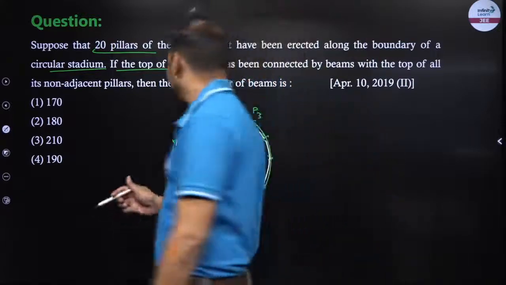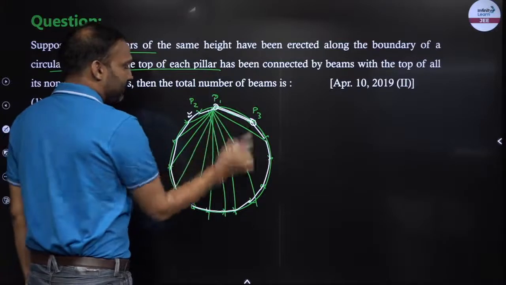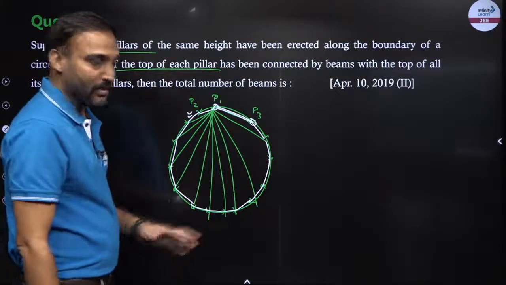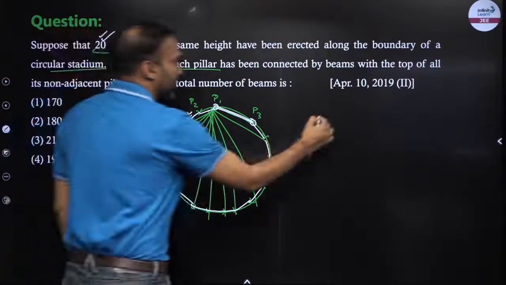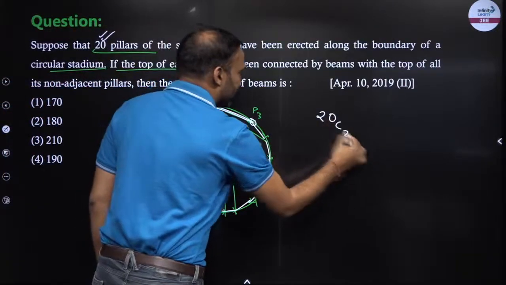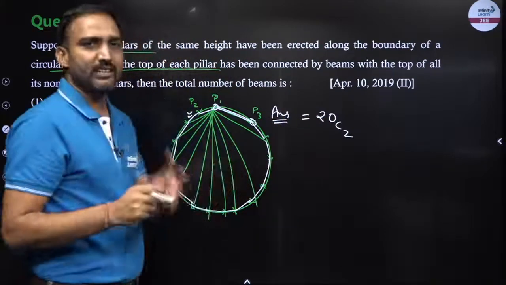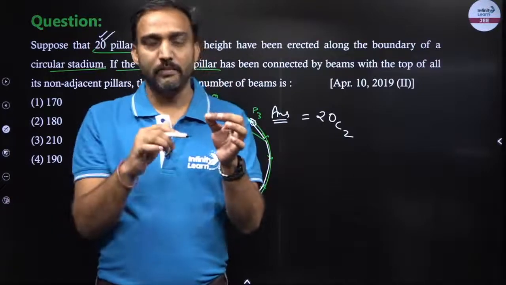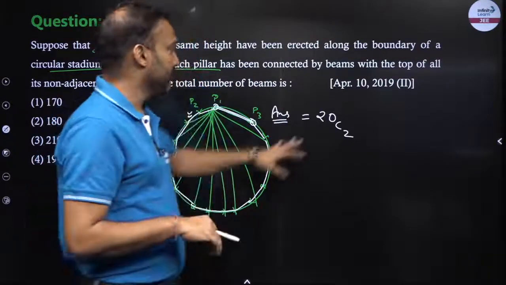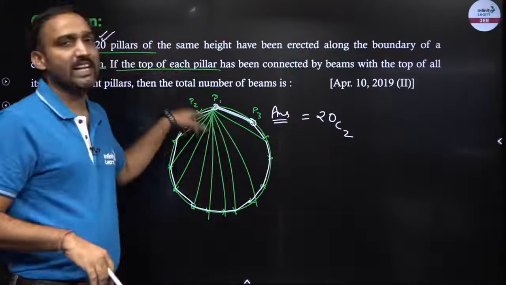Now for the number of diagonals, if I pick any 2 points and join them, I get a line segment. So how many points do I have? I have 20 pillars. So if I do 20C2, what is 20C2? 20C2 is the number of ways in which I can select 2 points. If I select 2 points, I can always draw them and I will have a line. So 20C2 lines would be there. Now these 20C2 lines will include the sides and the diagonals.